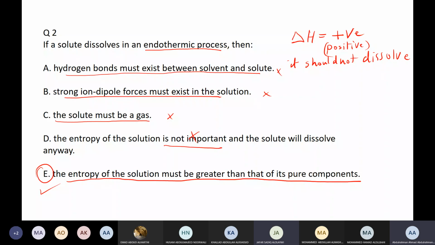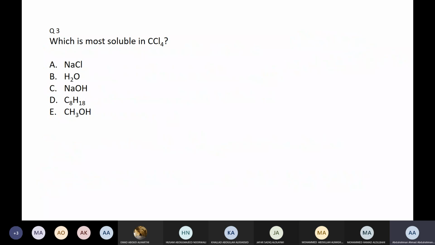It's non-polar. This has nothing to do with this one. There is another rule which I told you. What is it? Like dissolves like. You must know this. So this is a compound. What force does this compound have? Only dispersion.